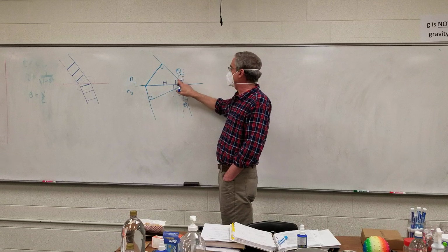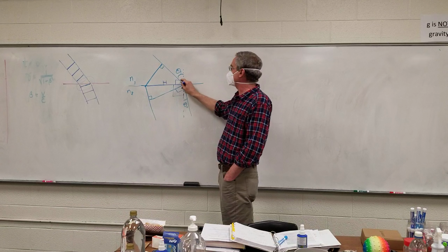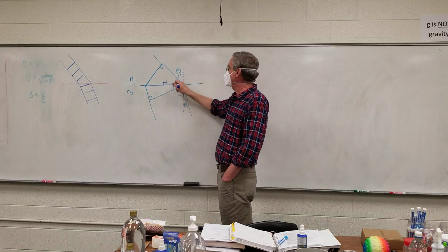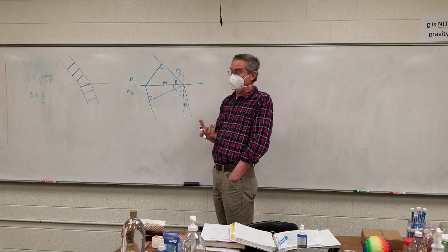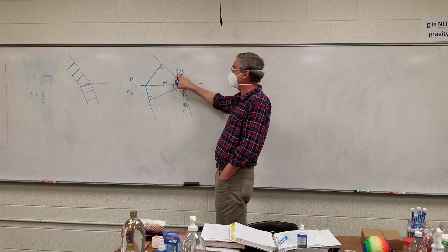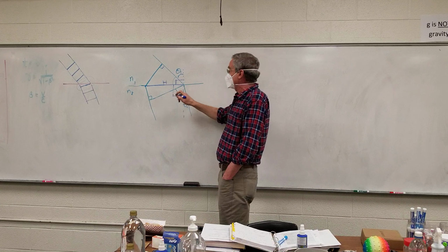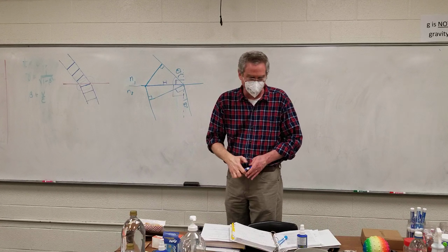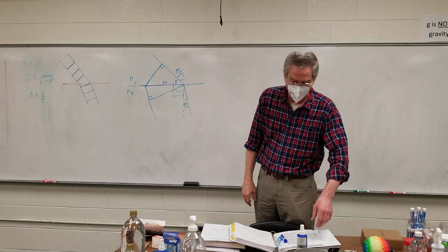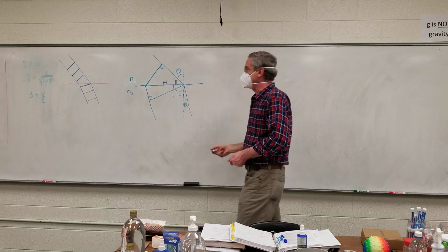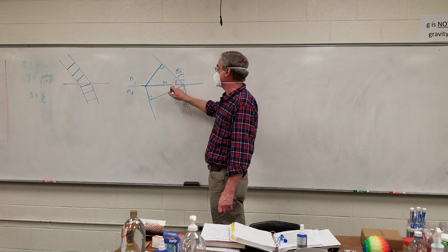So let's concentrate on this angle right here. If this is a right triangle here, and this is theta 1, this angle right here must be the complement of theta 1. In other words, whatever this is plus that, you have to add up to 90 degrees. And so what I usually do is just call it theta 1 prime. It's just whatever I need to get up to 90 degrees. So if that's 30 degrees, this would be 60 degrees.